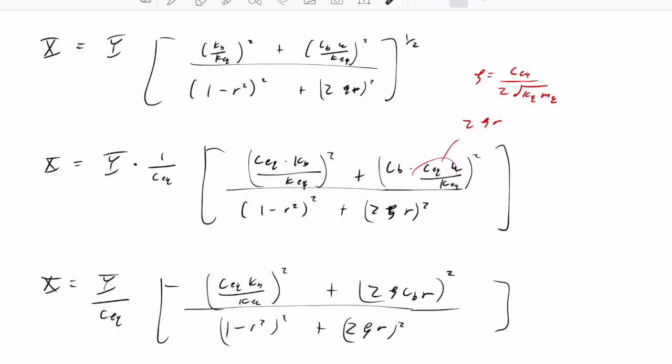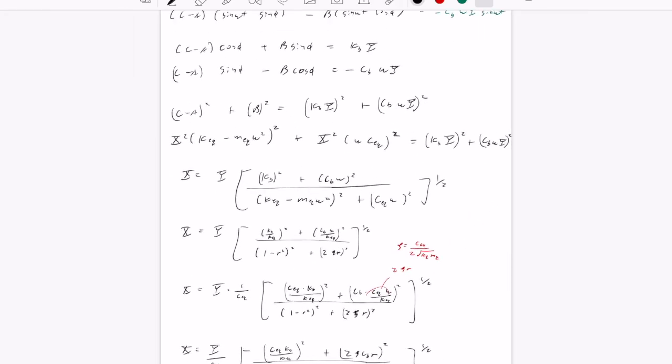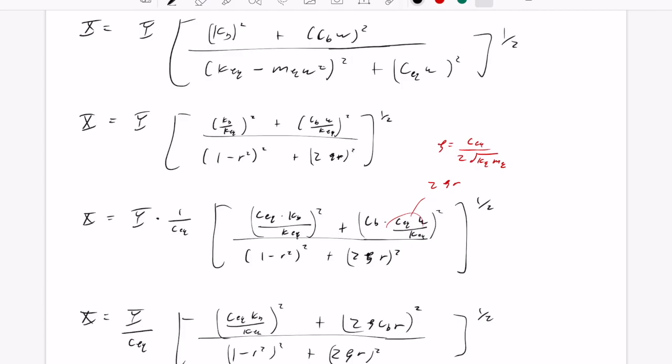What you can see is if K and KEQ were the same, these would just go to 1, and if CB and CEQ are the same, that goes away, and those just go to 1, and let's not forget our 1/2. So now what we have is a really generic form of our system.